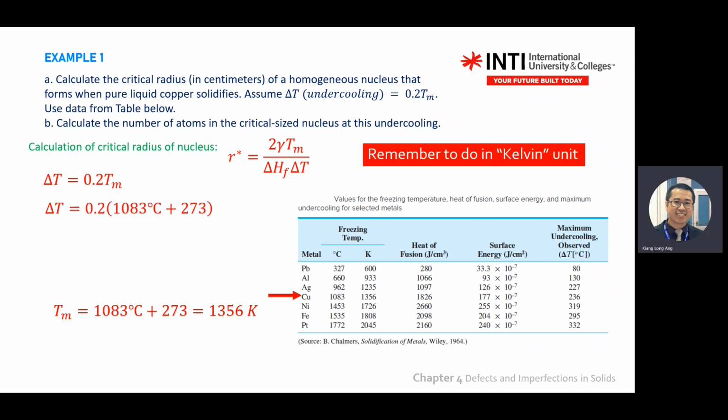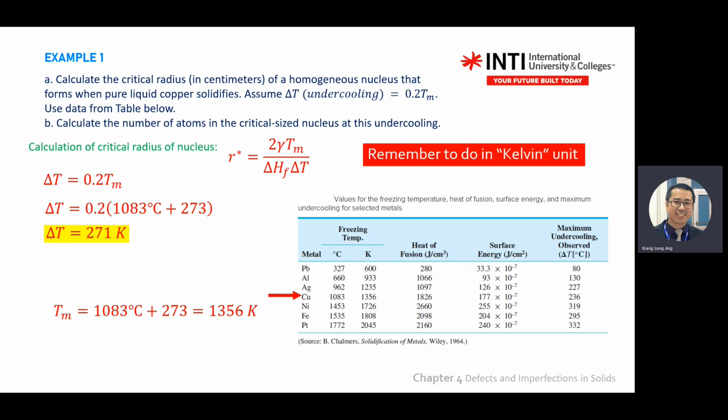The freezing temperature is the temperature at which it starts to freeze, so you need to add 273 to that temperature.